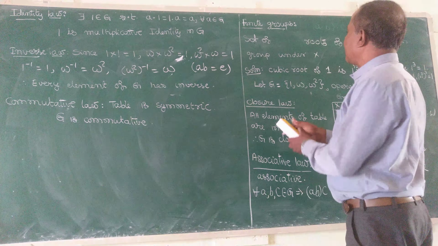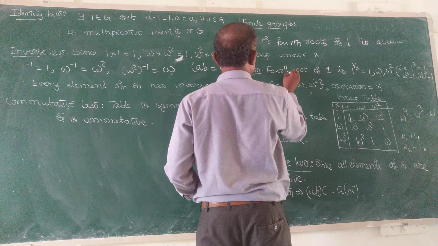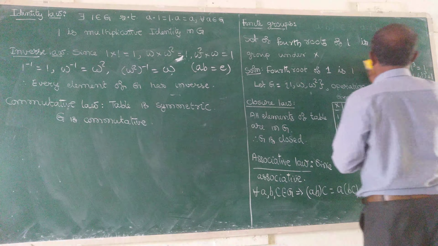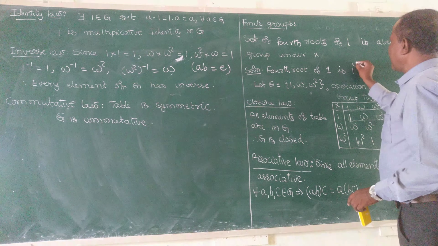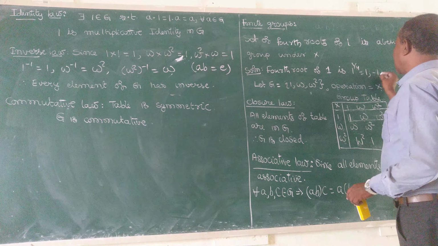Fourth roots of unity. Listen to me. Is it an abelian group under multiplication? Fourth roots of unity are 1 power 1 by 4. They are 1, minus 1, i, minus i.